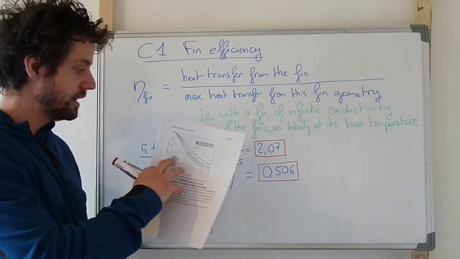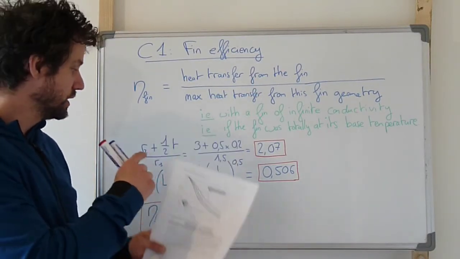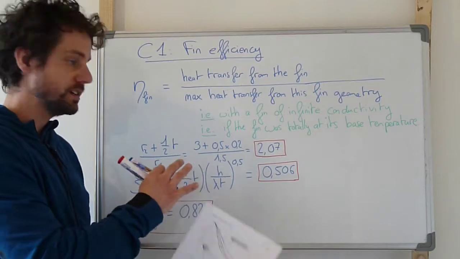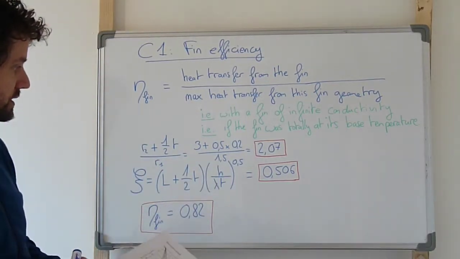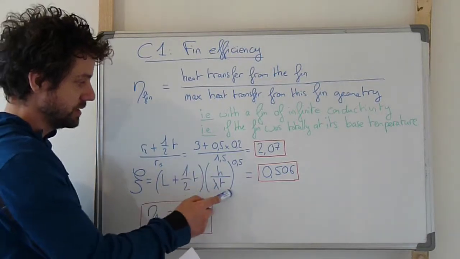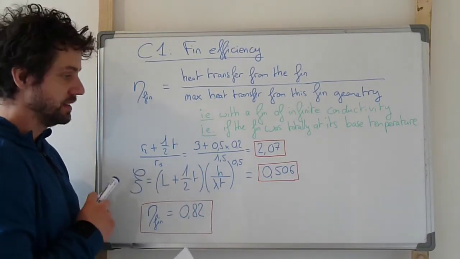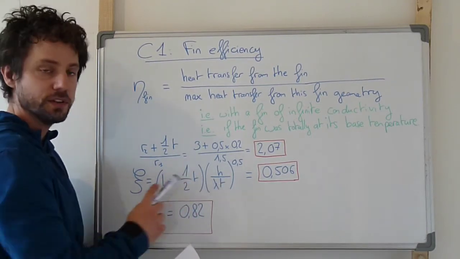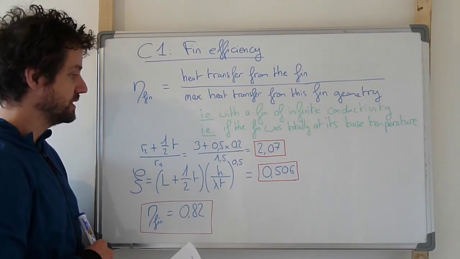For example, L has another meaning here, so be careful to use the meaning of the chart when you do this calculation. And maybe one more thing, this parameter, maybe you recognize this one, it's called the module of the fin, and if you have done some fin design before, you probably recognize this one.